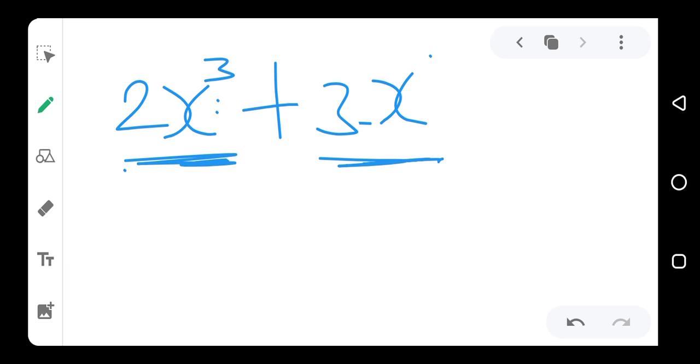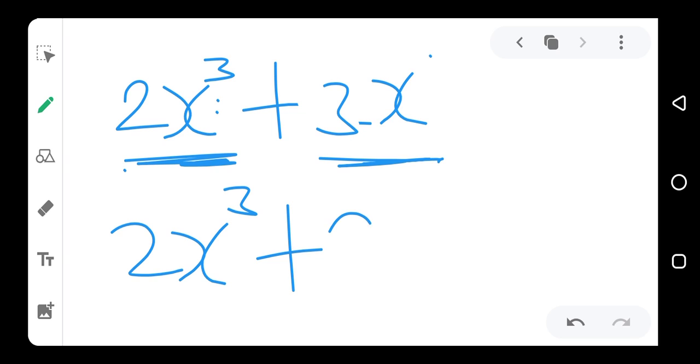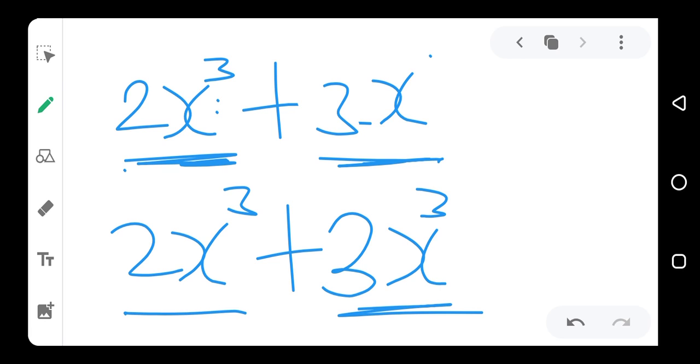But if we have 2x raised to power 3 plus 3x raised to power 3, this is not a binomial. This term is the same as this term because the variables are the same and the powers are the same.